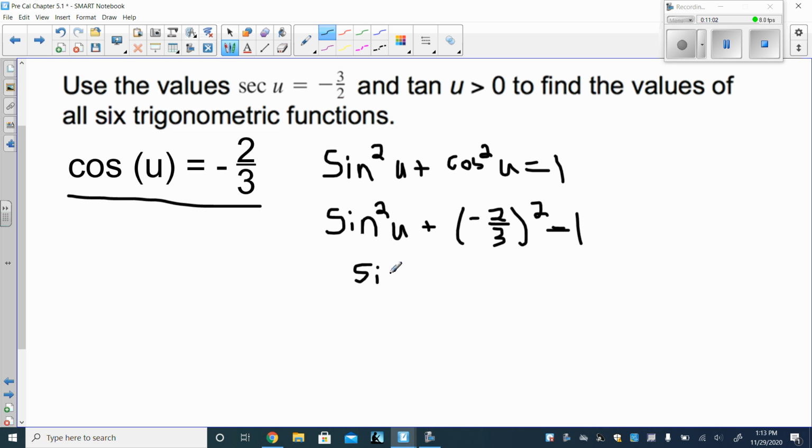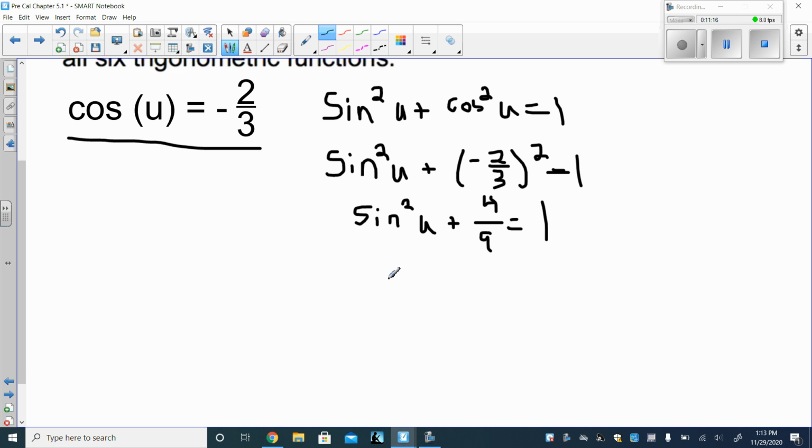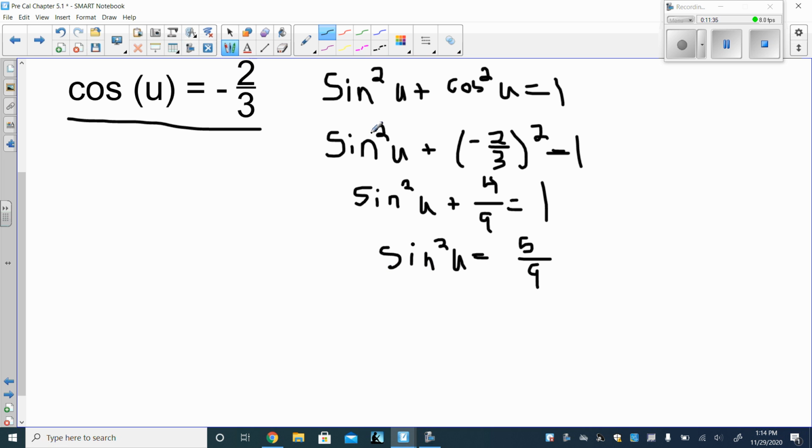Now at this point we can simplify, so we get sine squared of u plus, well, negative squared is going to be positive. 2 squared would give me 4, and 3 squared would give me 9, is equal to 1. Now at this point here we can subtract the 4/9 from both sides. And if I subtract 4/9 from both sides, I would get 5/9, because 1 minus 4/9 would be 5/9.